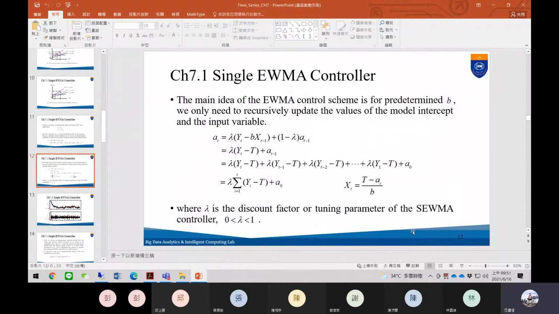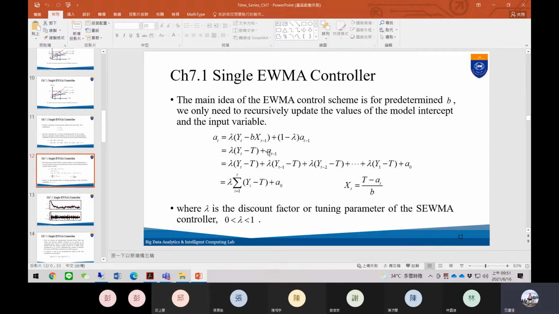So the main idea of the EWMA control scheme is, for the predetermined B, that is to say B has to be of the same sign as beta. We only need to recursively update the values of the model intercept and the input variable like this.